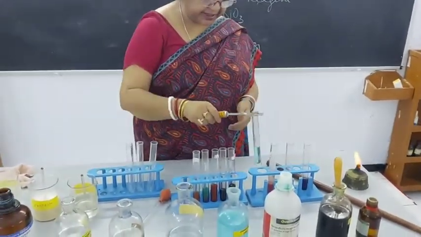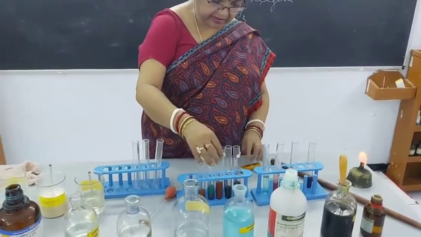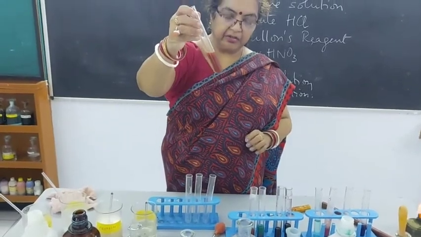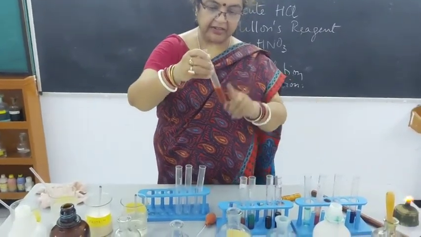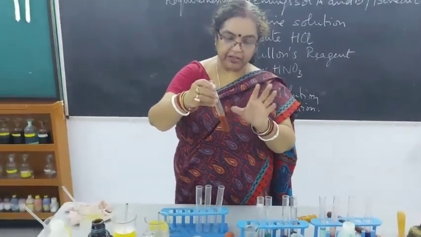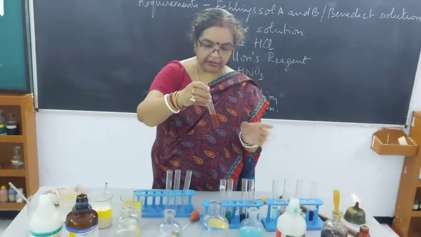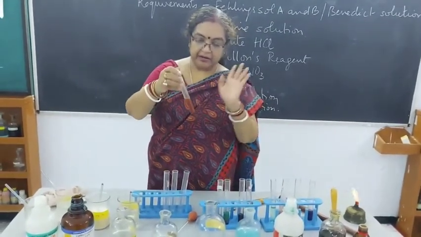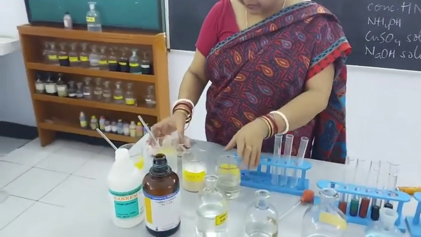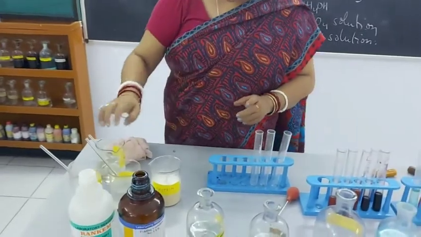Now after heating it for the second time, we will get this type of brick red color. So for getting this brick red color, we had first hydrolyzed it and then it is giving the test for glucose, because the 2 molecules have been broken down into glucose and fructose, and glucose is giving this brick red color. So we have finished with the carbohydrates, children, that is sucrose, then glucose and starch.